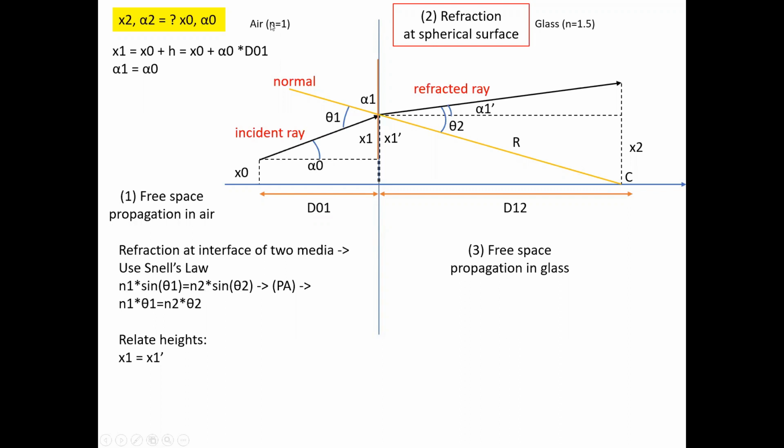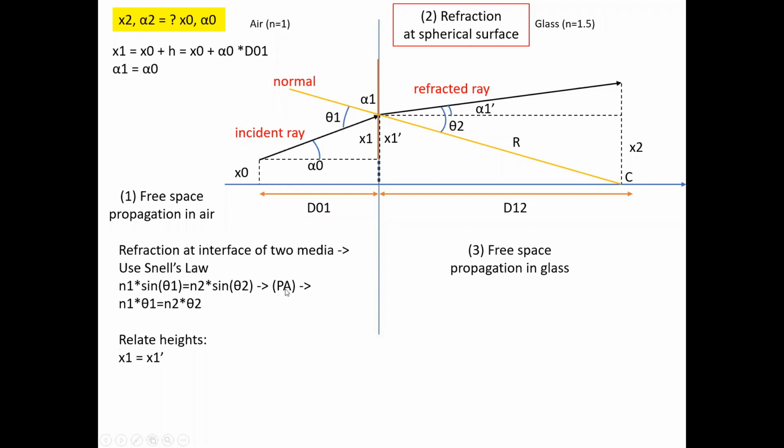So n1 basically here, this is air and glass, but in a general case, you can think of the left side medium as having refractive index n1 and the right side medium as having refractive index n2. Later on, you can substitute n1 for 1 and n2 for 1.5. But let's keep things general over here. So n1 times sine theta 1 equals n2 times sine theta 2.